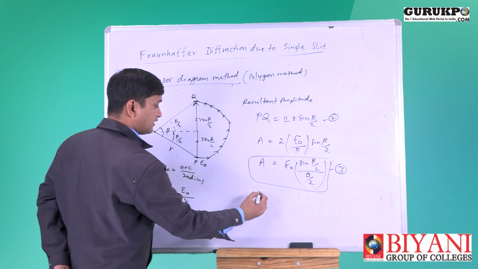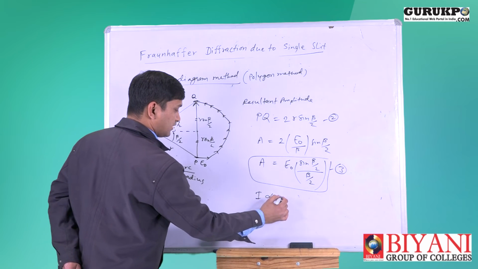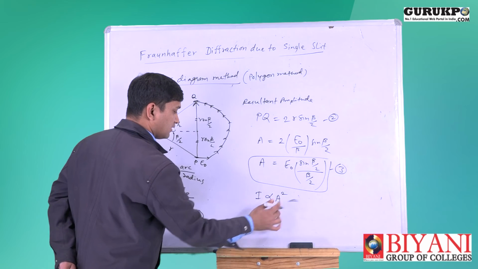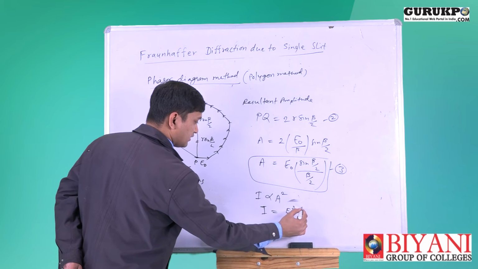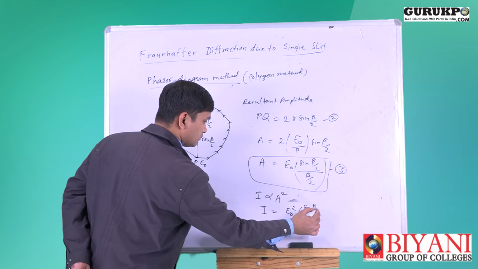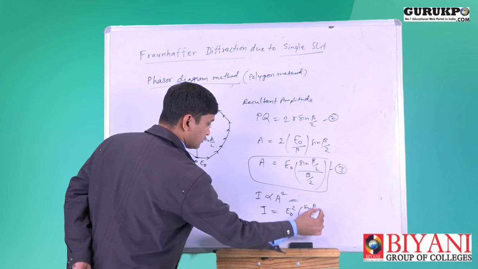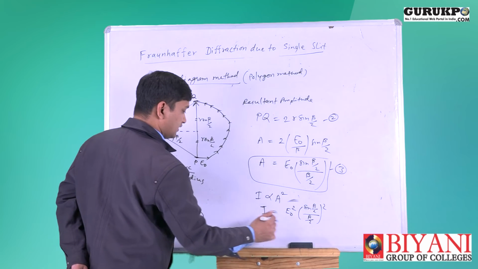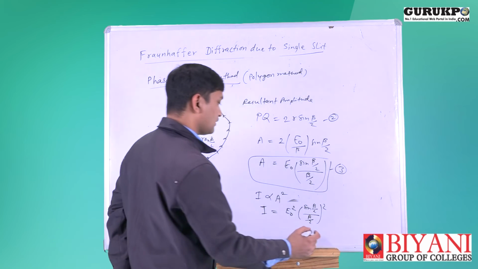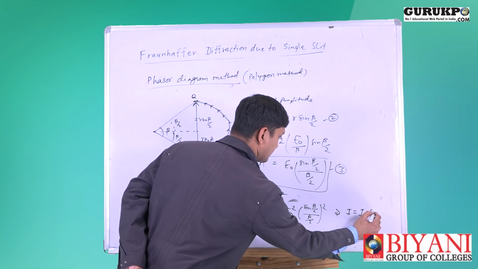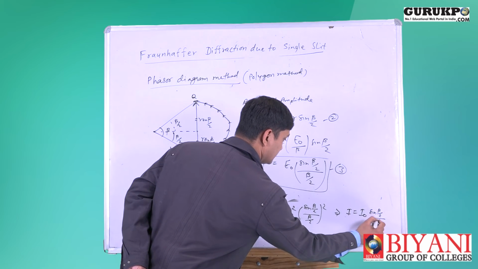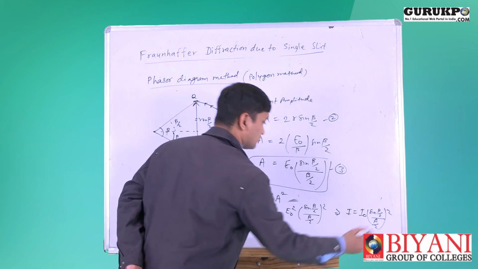If we find the intensity, I is proportional to A square, that is I equals E0 square times (sin(beta by 2) upon (beta by 2)) whole square, that is, I equals I0 (sin(beta by 2) upon (beta by 2)) whole square.